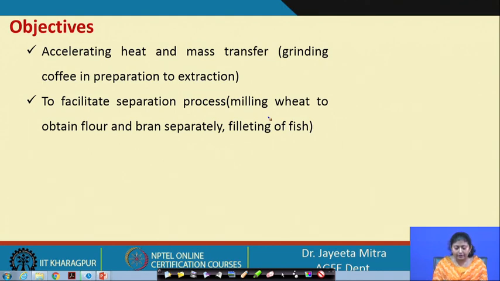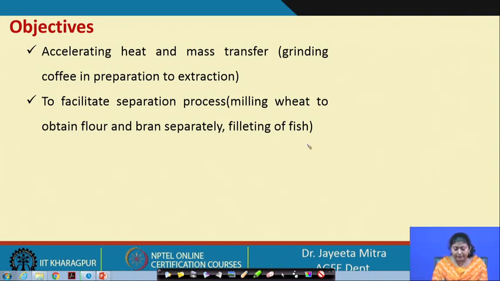For example, we separate the rice bran to extract the oil from it. That is why we need the rice bran separated from the kernel. So, for all these operations that facilitate the separation process, sometimes we need to use milling or size reduction operations.